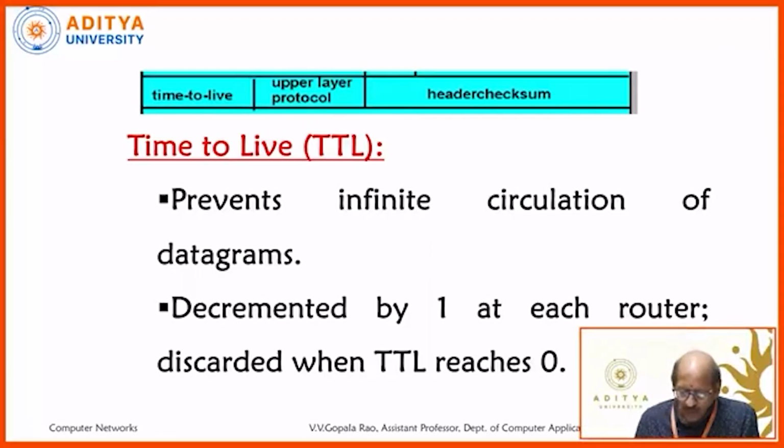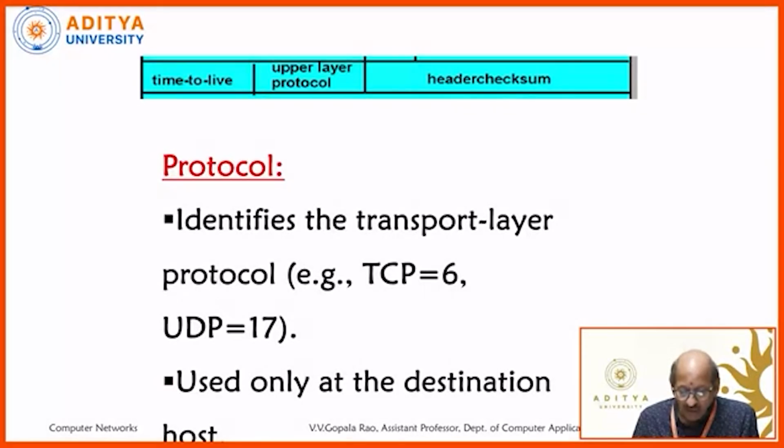The upper layer protocol is another important field. Because we are in the network layer, the IP we are talking about is the IP network layer, and above that there is a transport layer, which may use protocols called TCP or UDP. Suppose the information is related to a transport layer protocol like TCP or UDP, then it indicates values like 6 or 17.